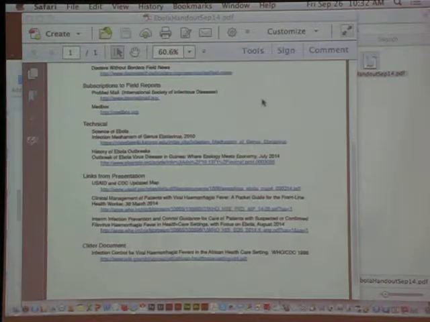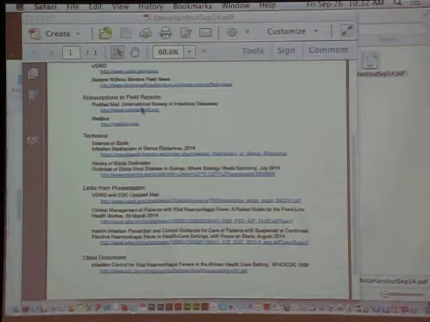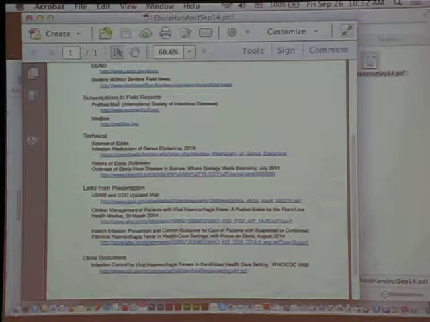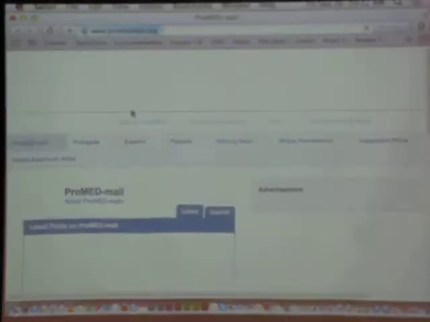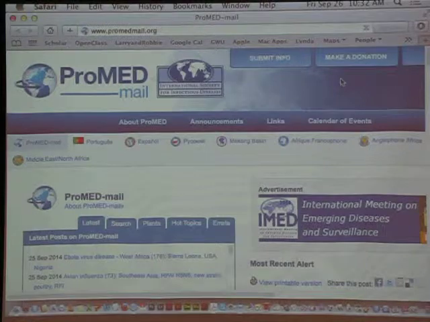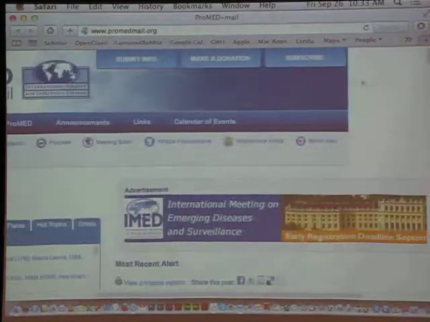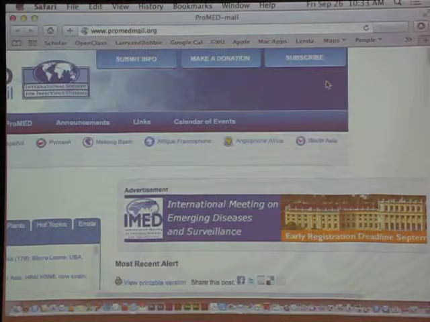And then one thing that I find helpful is ProMED, the International Society for Infectious Diseases, which has a reporting system, and all you have to do is put your name and email and then subscribe, and then you can get lots of information every day, which I don't have time to go through.